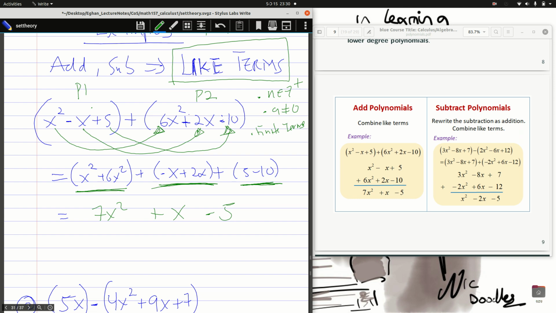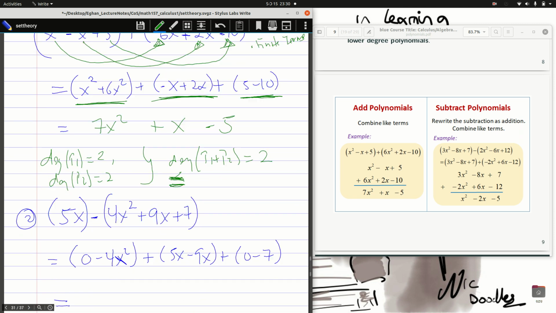When I add them, degree of P1 was 2, degree of P2 was also 2. When I added them, what happened? The degree of P1 plus P2 is also 2. So it is either less or equal to any of them. In this case, it was equal to any of them.